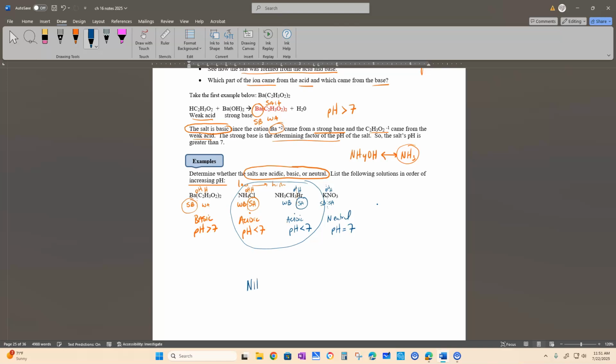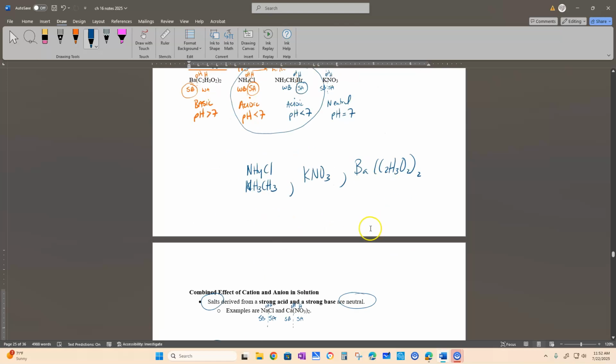So all I know is NH4Cl and NH4C2H3O2, they're both going to have the lowest pH. Then the highest pH will be this one that's neutral. And then the highest pH will be that first salt that came from that base. Okay, so that would be lowest pH, neutral, and the highest pH.